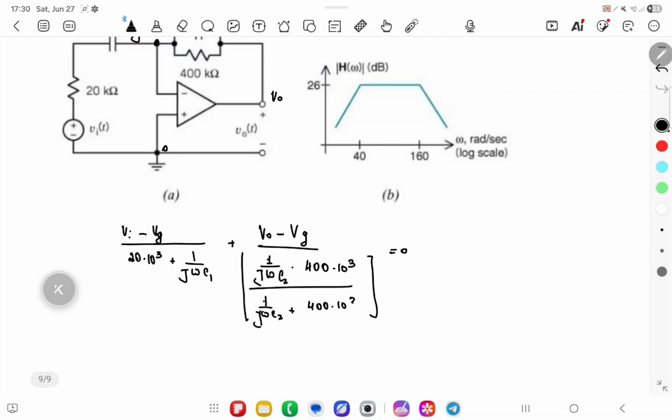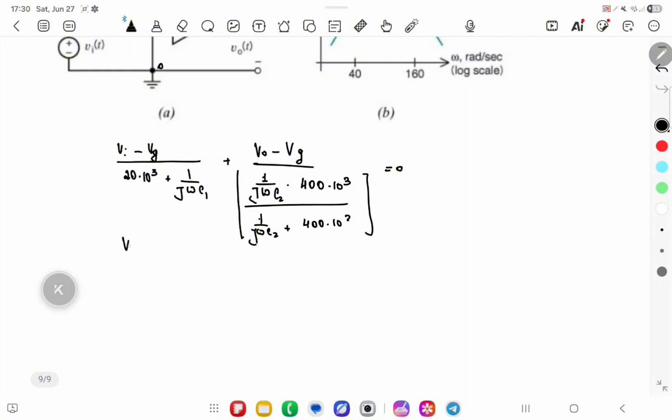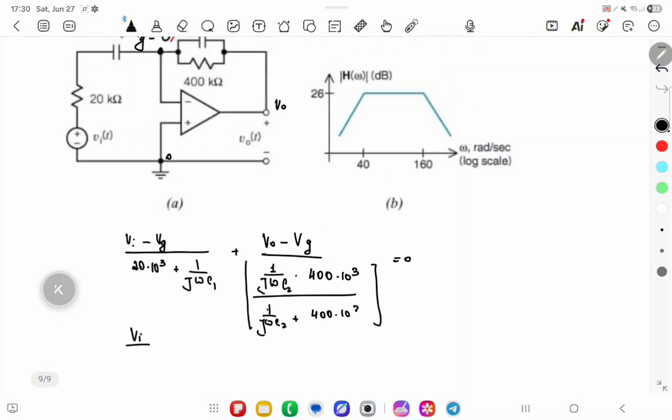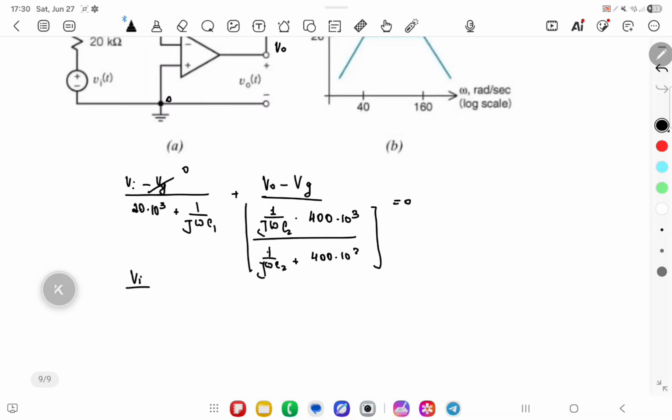So if we simplify it real quick, it will become V input minus 0, which is still V input, over 20 multiplied by 10 to the power 3 plus 1 over j omega C1, equal to minus V0 over, let's say, 1 over j omega C2 multiplied by 400 multiplied by 10 to the power 3, and here we write this.